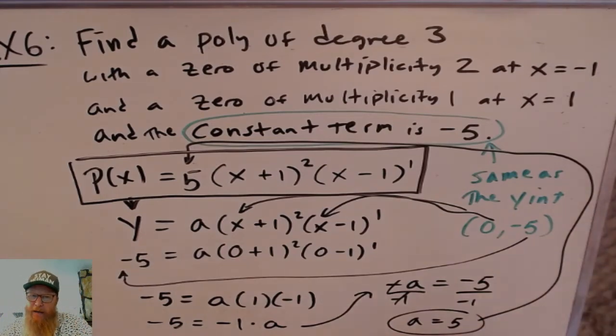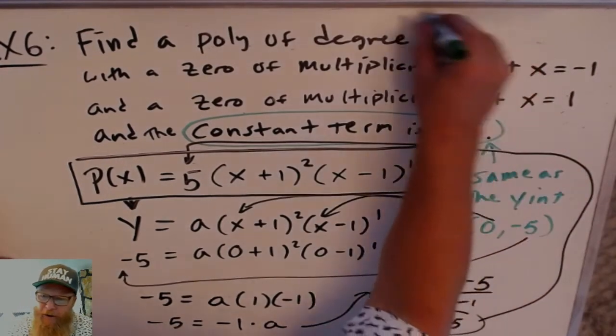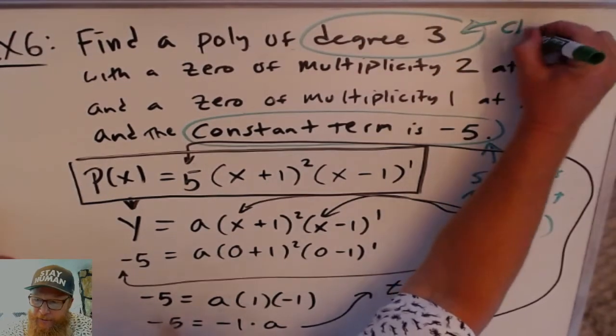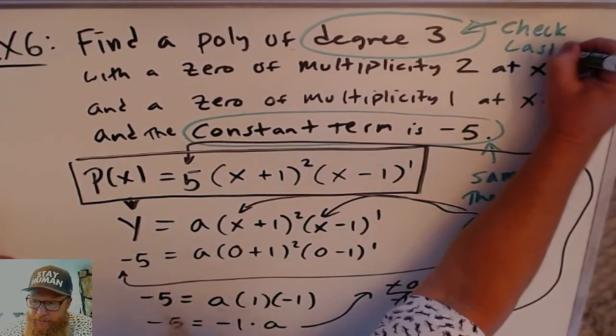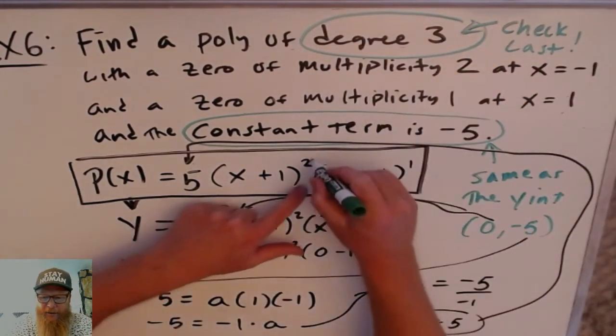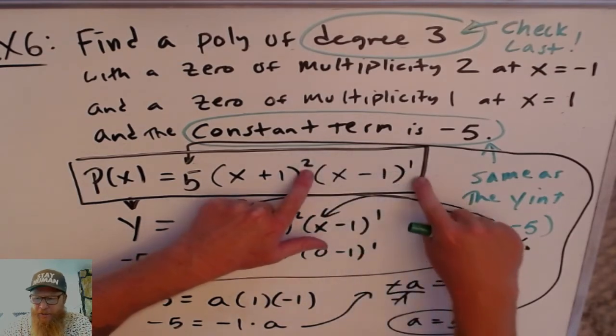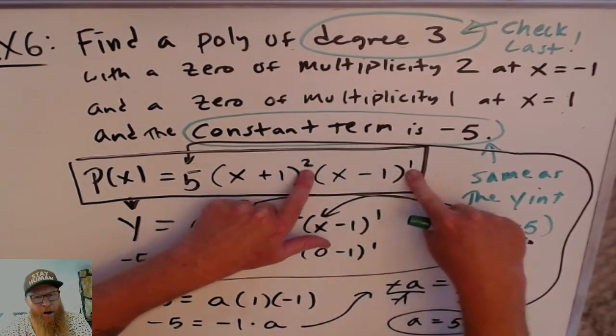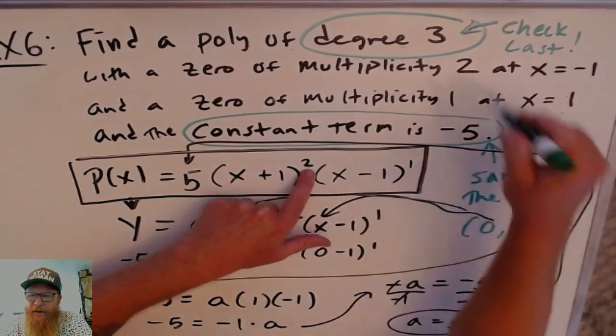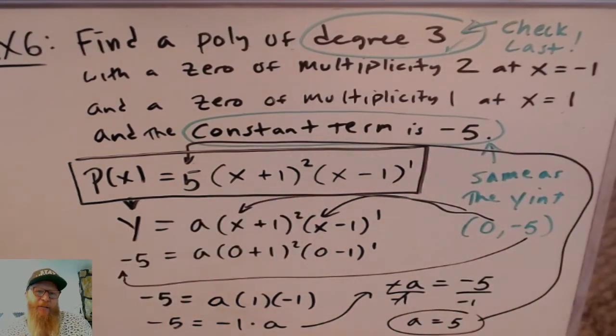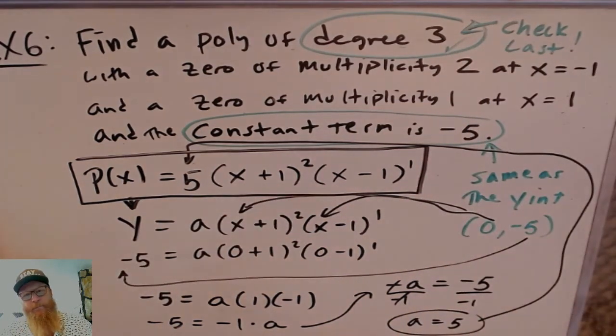Really quickly, mental check before I forget. At the very end, look at your degree. You have degree 2. You have degree 1. You're going to add those together. Check. It is the right degree. It's degree 3. All right.